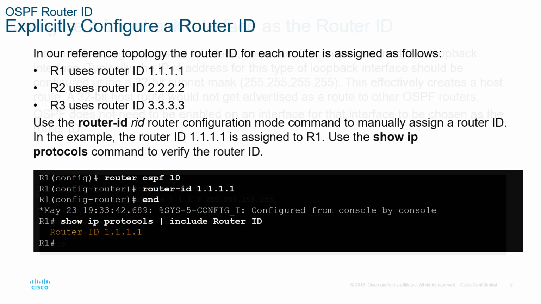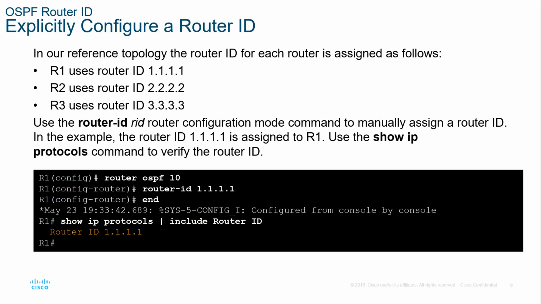If we want to explicitly configure a router ID, underneath the OSPF router and the process ID, we could issue a router ID command, and it will do that first. So what happens if we do a router ID under OSPF and we also do a loopback? Again, that order of operation: explicitly stated router IDs under the router OSPF process ID first.